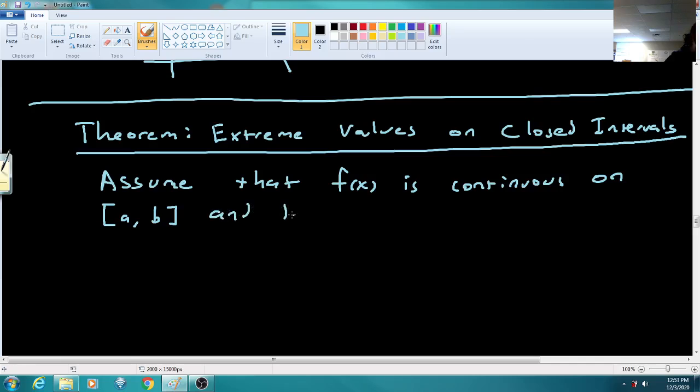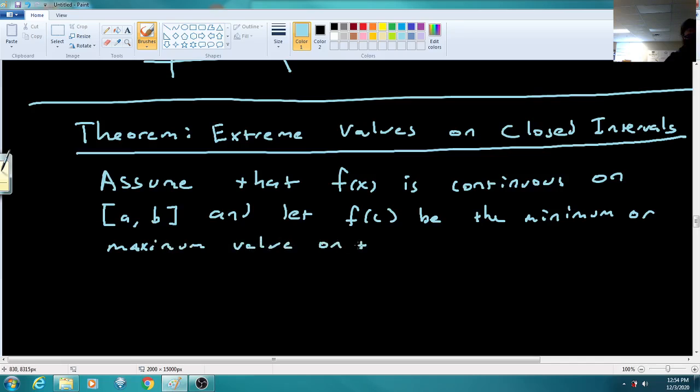And let f of c be the minimum or maximum value on that interval a to b.